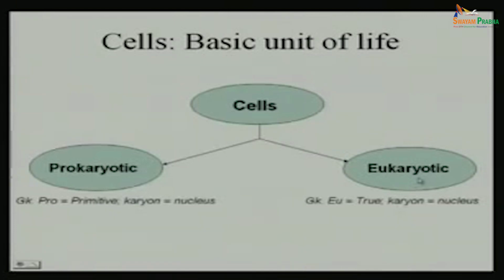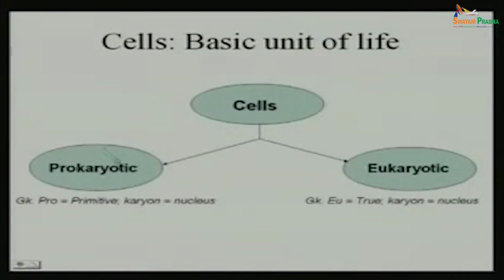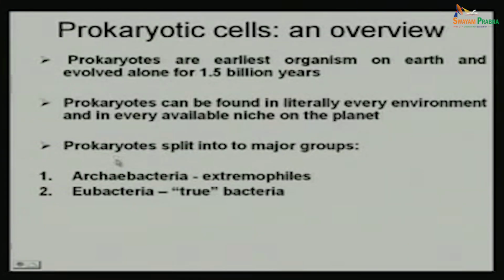Eukaryotes are the developed cell where the nucleus has its own nuclear membrane, which is not there in the case of the prokaryotic organism.